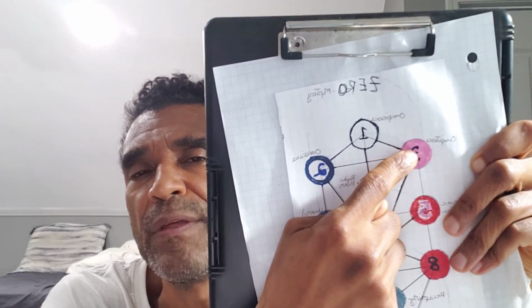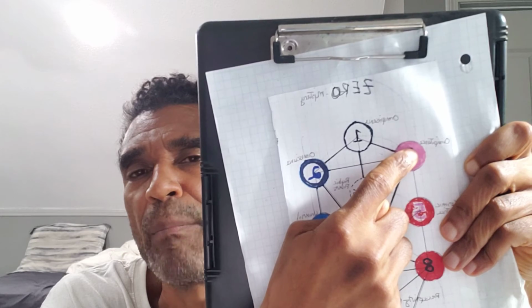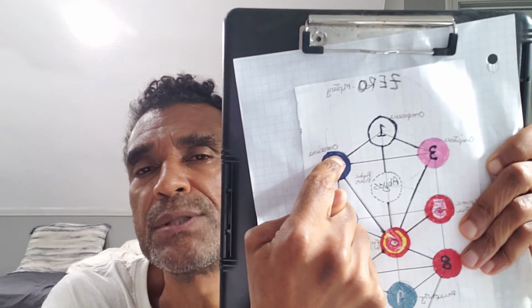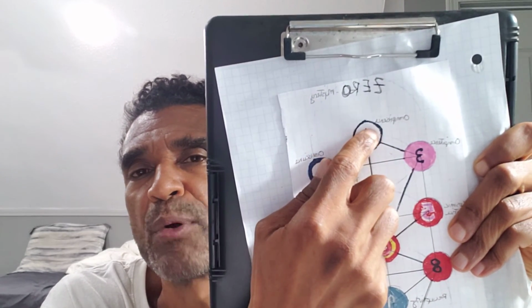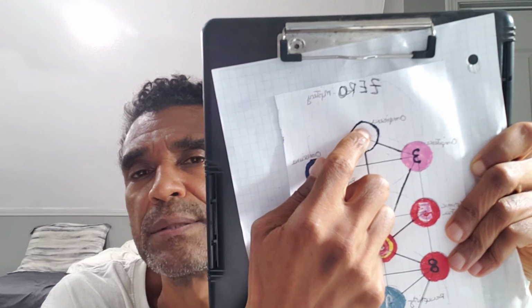Okay, then the 3, 2, and 1 above, at the top of the tree, are our divine faculties within. This is omnipotence, all-powerful. This is omniscience, all-knowing. And this is omnipresence, all present, all at once.